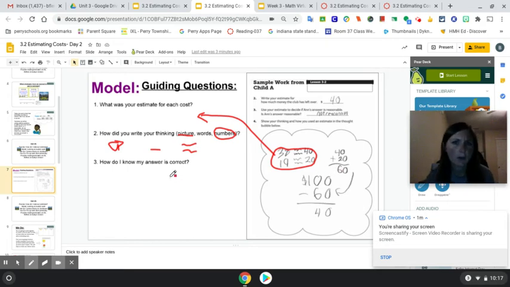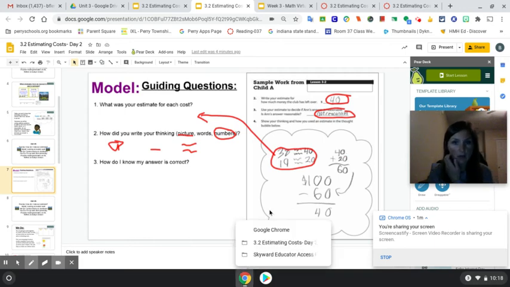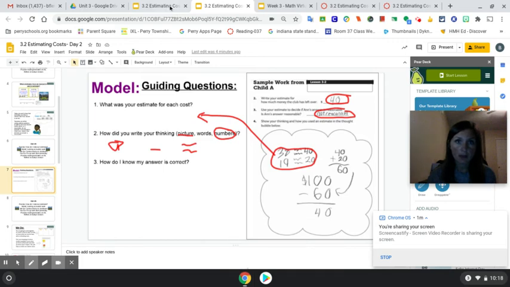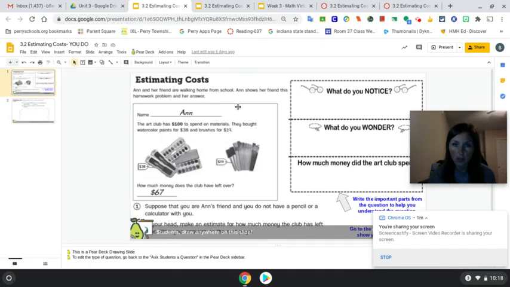And how do they know their answer is correct? Well, I know their answer up here is that it's not reasonable. They said it's not reasonable, and they said it should have $40. Now, they showed their estimate. They went over here and added those two estimates up, because if you think back to the problem of estimating costs, it was saying that they had $100 to spend and they spent 38, which they said was close to 40, and 19, which they said was close to 20.